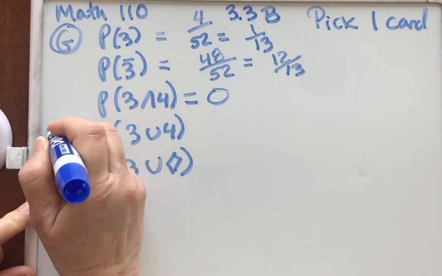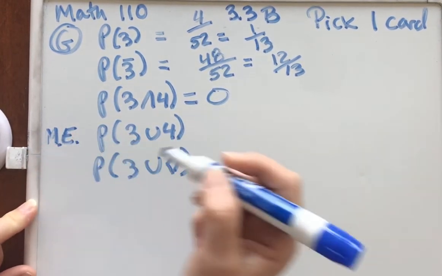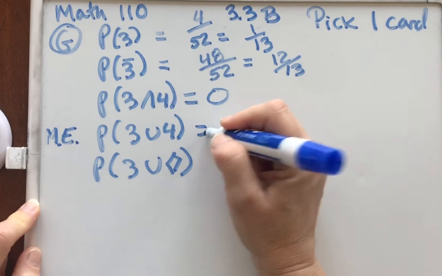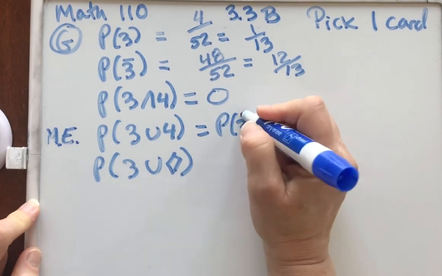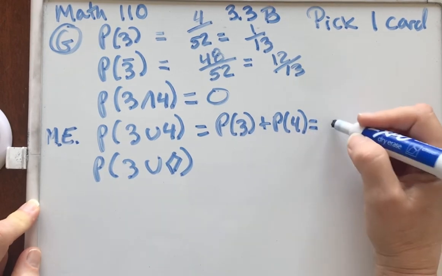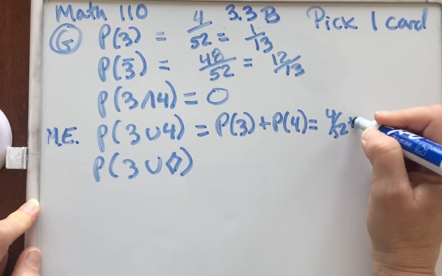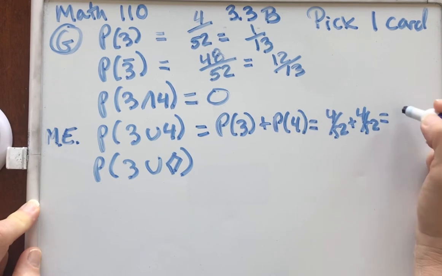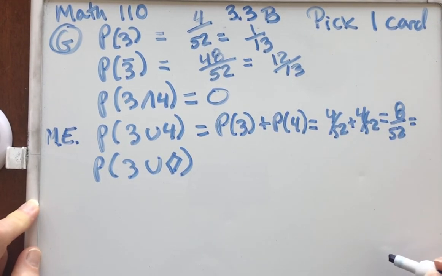So this is mutually exclusive. And since it's mutually exclusive, we're going to use the appropriate formula, which is the probability of 3 plus the probability of a 4, and that equals 4 out of 52 plus 4 out of 52, which equals 8 out of 52, and reduce that, and that equals 2 out of 13.